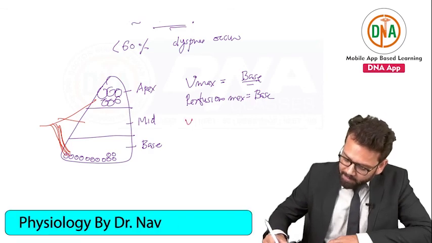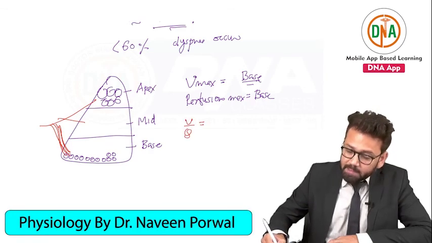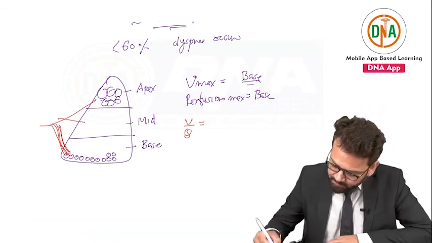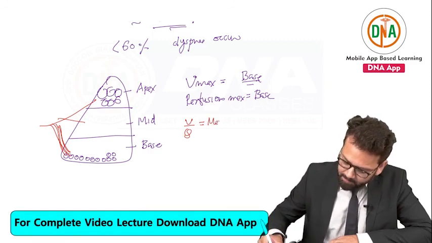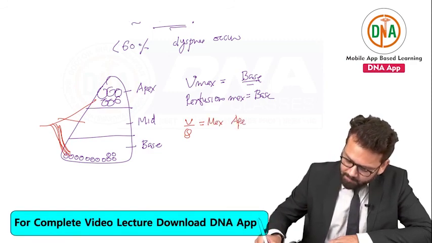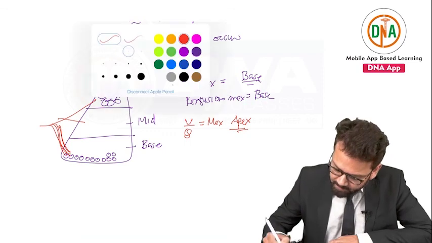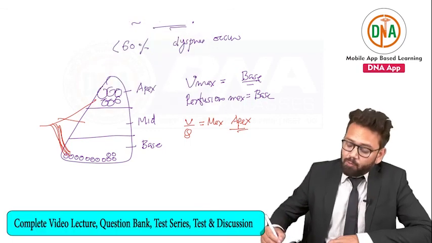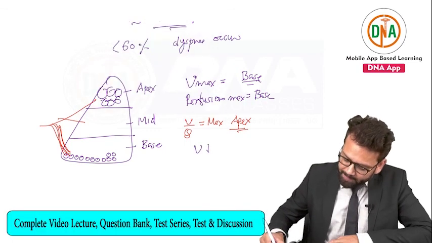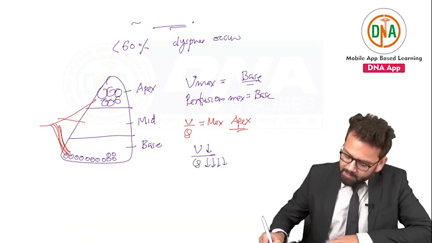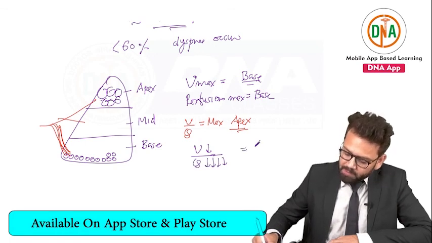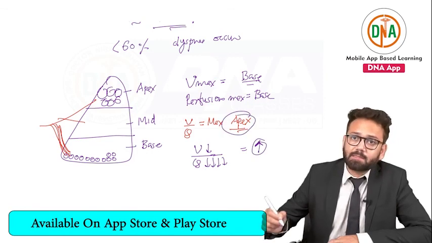But what about the V by Q ratio? Is it maximum at the base or apex? It is maximum at the apex. Can you tell me the reason? Ventilation is less at the apex, but perfusion is very much less at the apex, so the ratio is more at the apex.